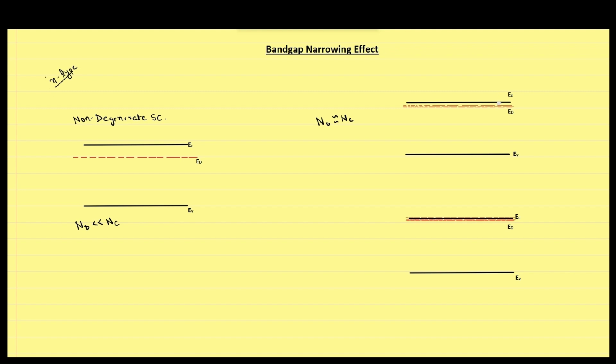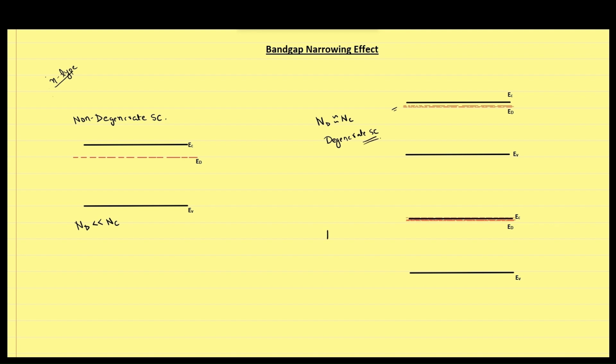Then the dopant energy level will degenerate into a band of energy levels like this, and will not be a single discrete energy level, which we usually observe in a non-degenerate semiconductor. Because of this degeneration of a single discrete dopant energy level into a band, these semiconductors are called degenerate semiconductors.